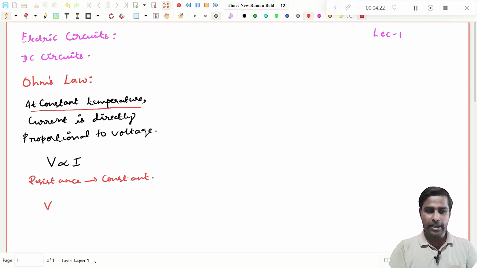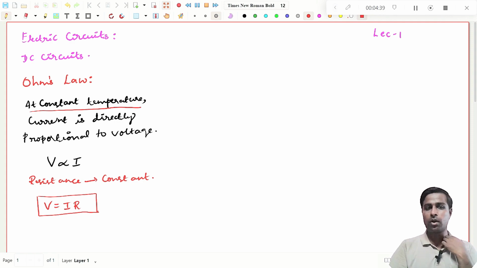So we can directly write V = I × R. That's all. This is the basic formula you need to know. If you know this formula, it is enough to solve all the circuits. Every electrical circuit should follow Ohm's law.